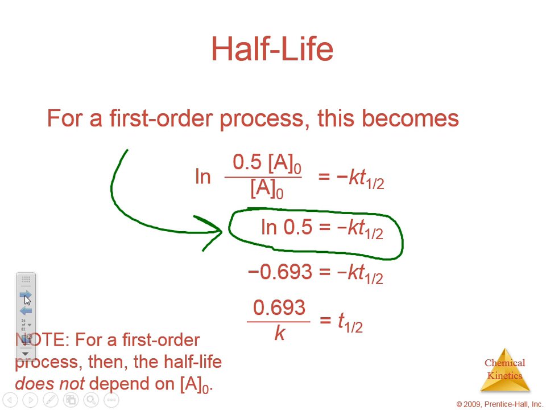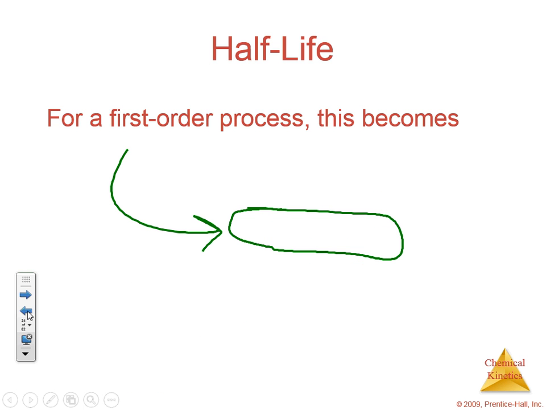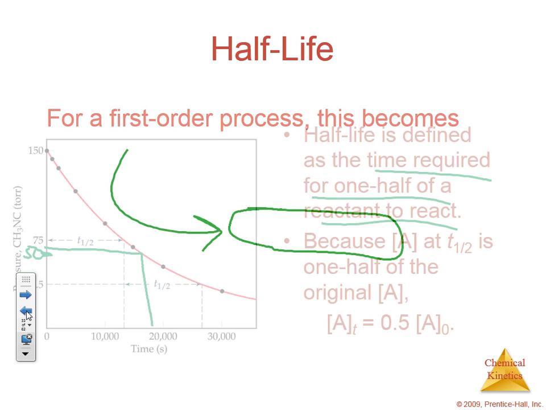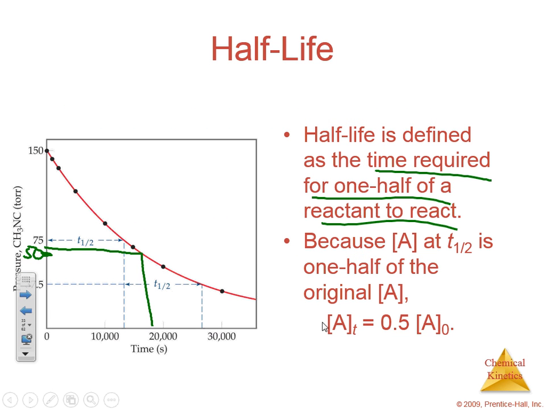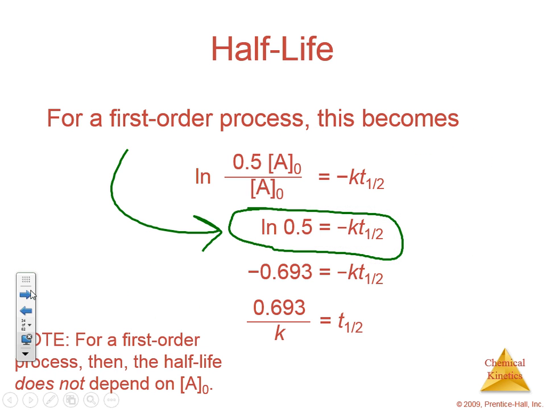So if we do this in a first order process, we can plug in our 0.5 because we just figured out on the last slide that the concentration at a given time is equal to 0.5 times our initial concentration. We can plug all that in and solve.